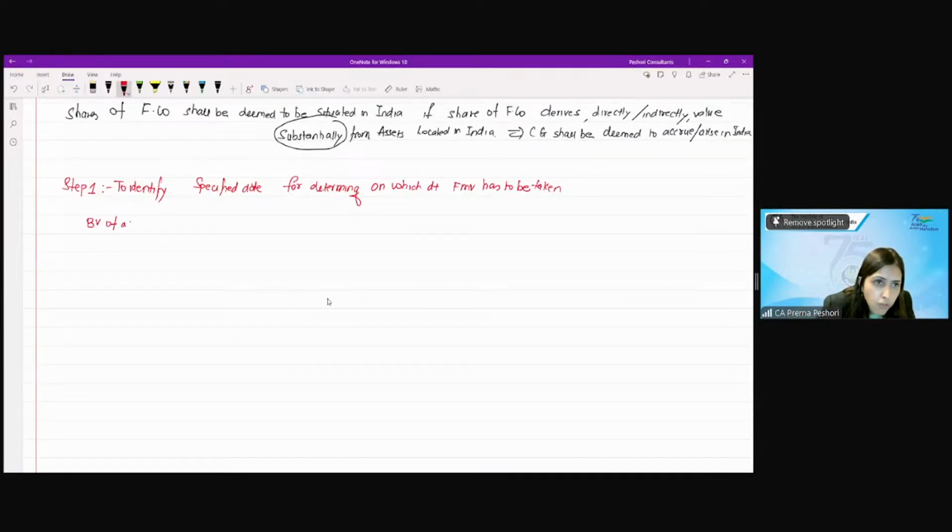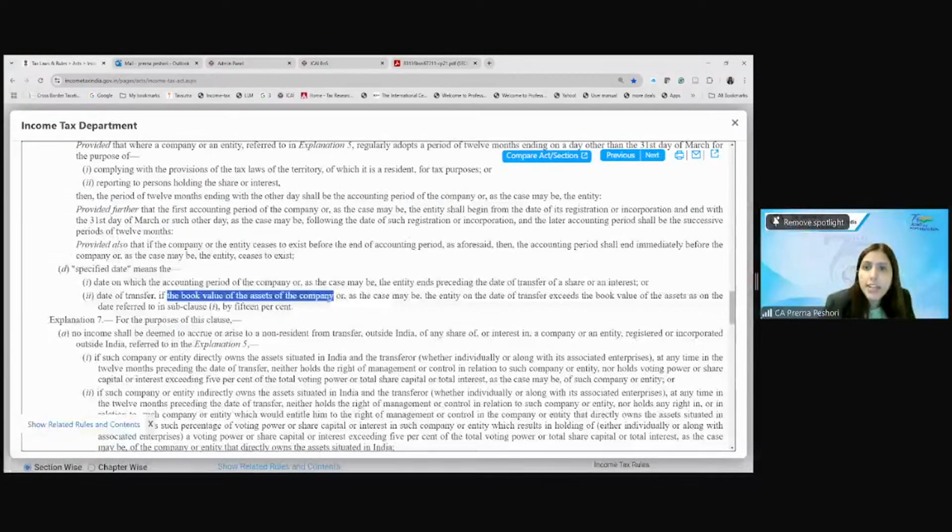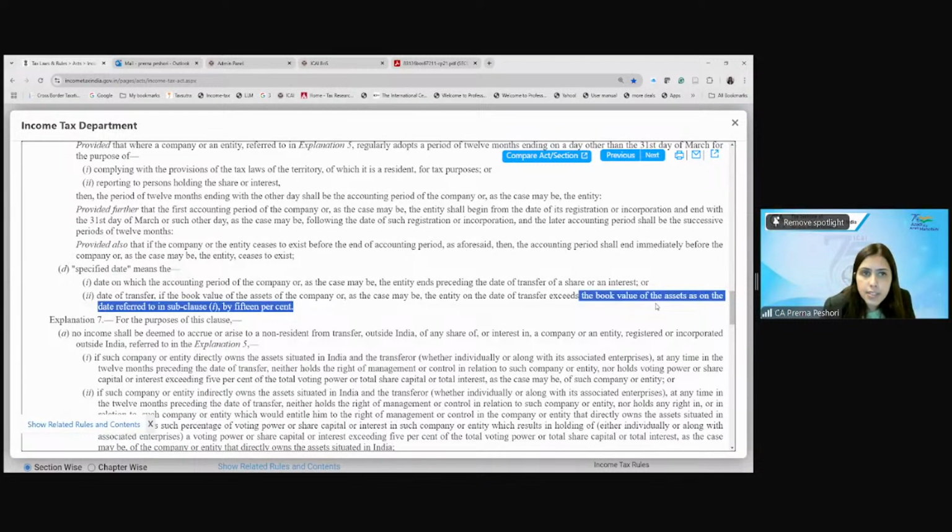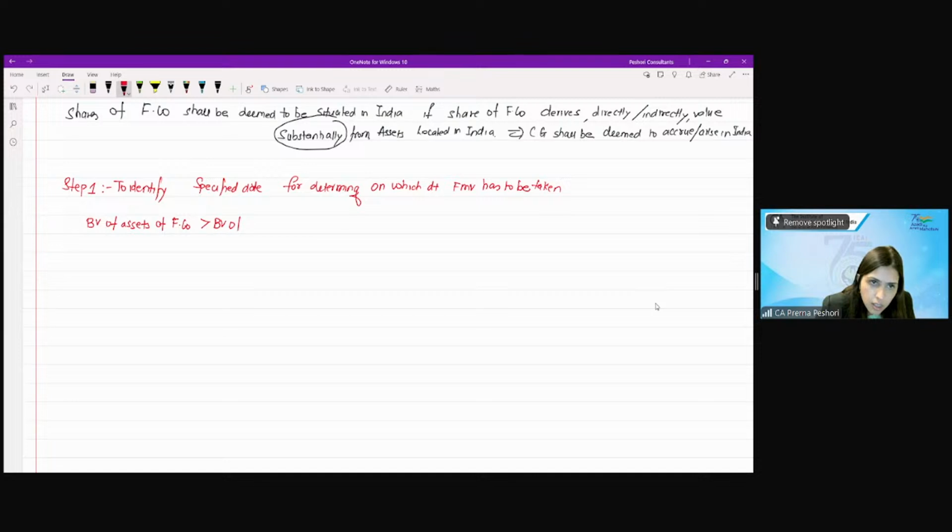So the book value of the assets of the foreign company on the date of transfer, whether it exceeds the book value of the assets on the accounting year end by 15%. This is the first question you need to ask.